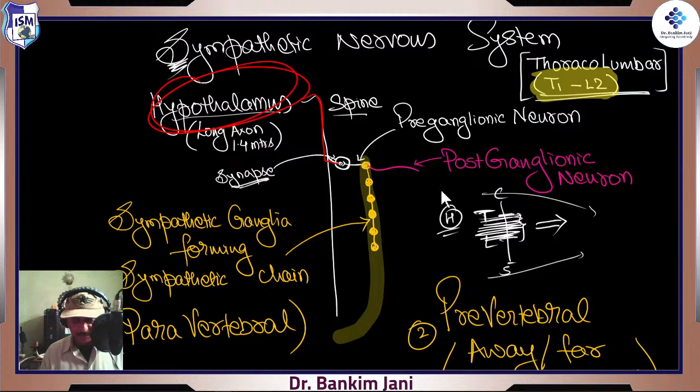So it is like this: the axon came over here, it came out, and it formed a link with this preganglionic neuron. So now our journey has started. So for the preganglionic neuron, we have one component, the axon from the hypothalamus. We have the preganglionic neuron. In between there is a synapse.